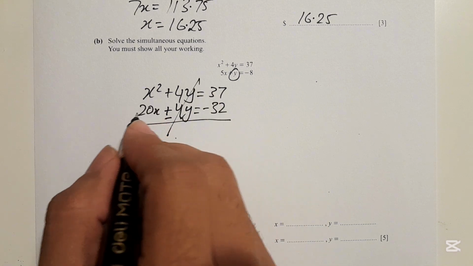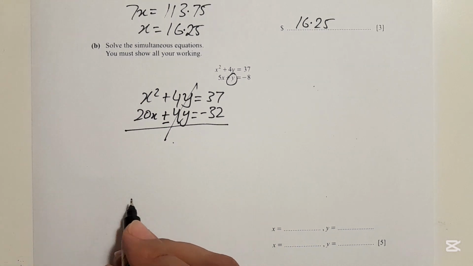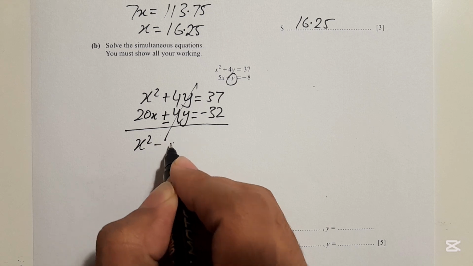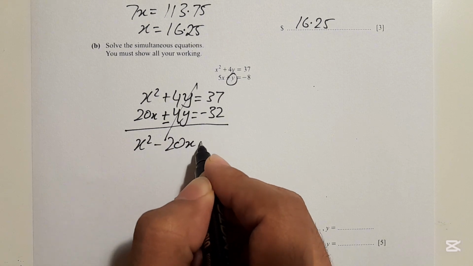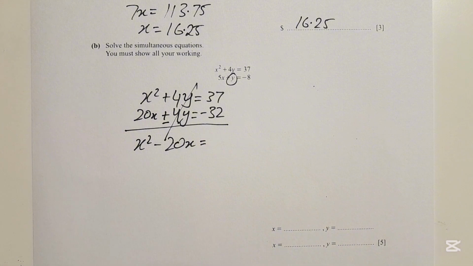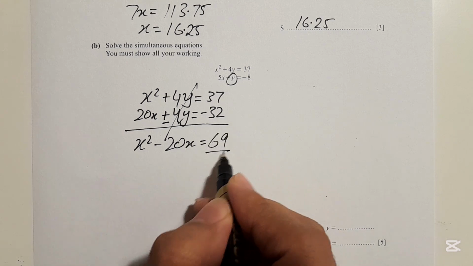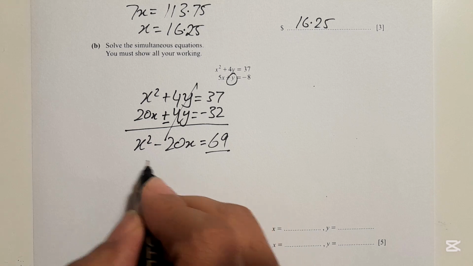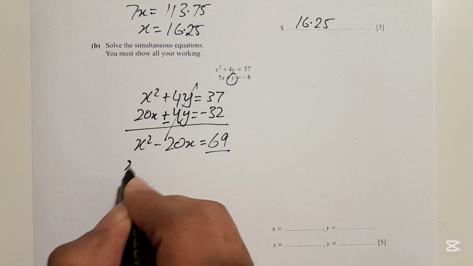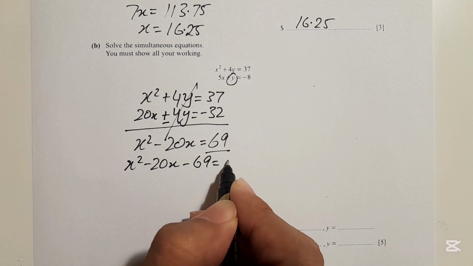Here x squared minus 20x. So we will write x squared minus 20x is equal to 37 minus 32, which is 69. So we move 69 to the left side and write x squared minus 20x minus 69 is equal to 0.